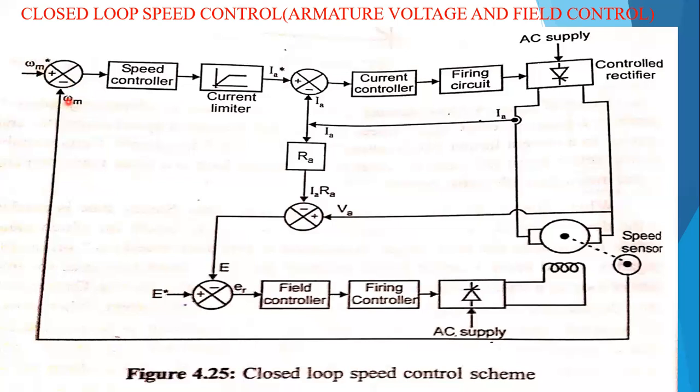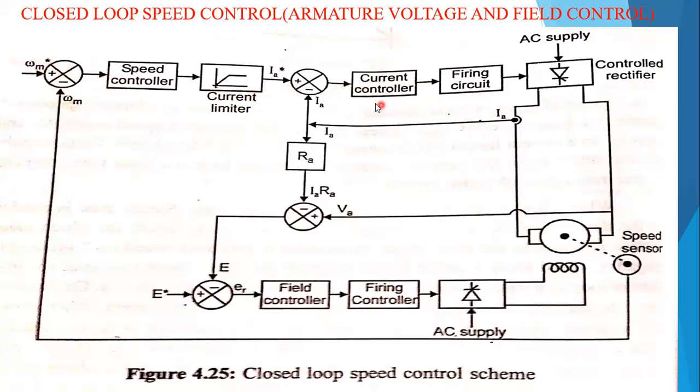Understood? Next, for any large positive speed error, the current limiter saturates, and the current reference I star is limited.